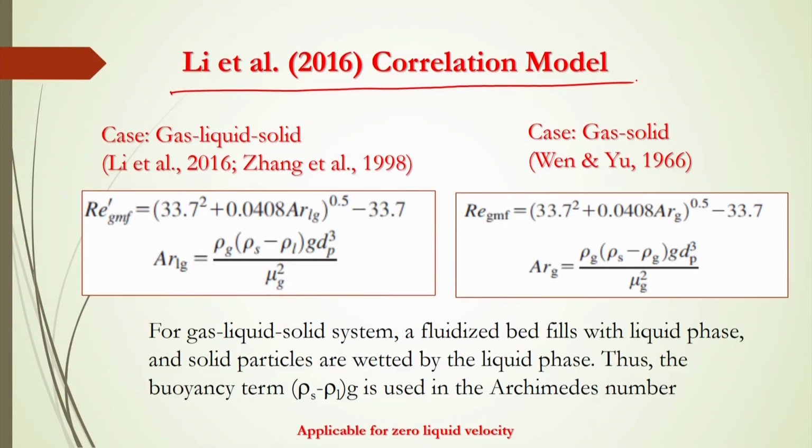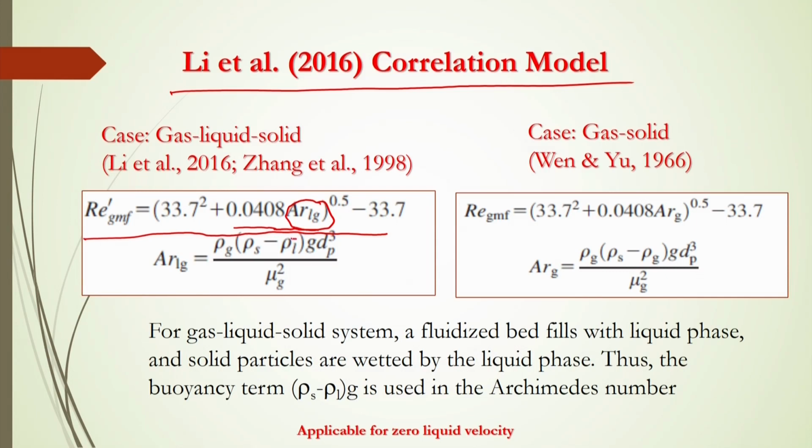Lee et al. very recently have developed another correlation to calculate the minimum fluidization velocity in gas liquid solid system, which is given by this Re'GMF equals 33.7 square plus 0.0408 into Archimedes number. This Archimedes number is based on the density of the liquid and gas in a composite way.